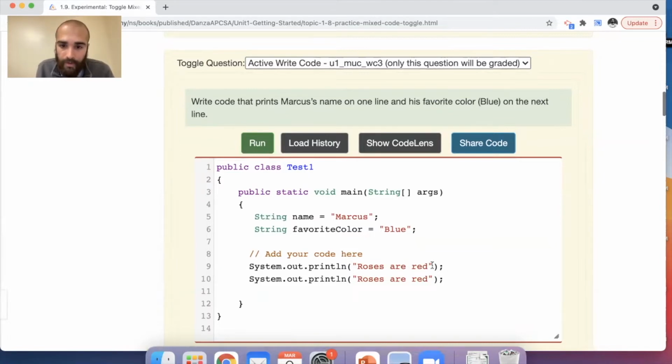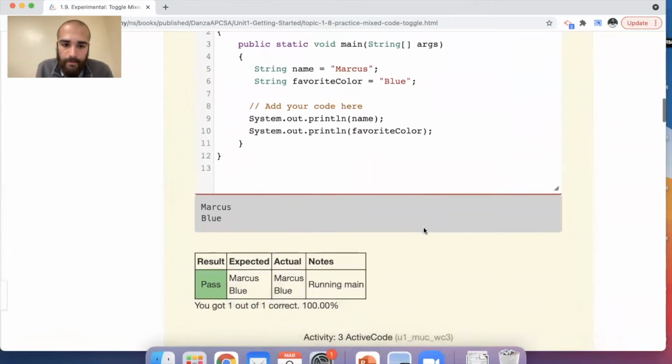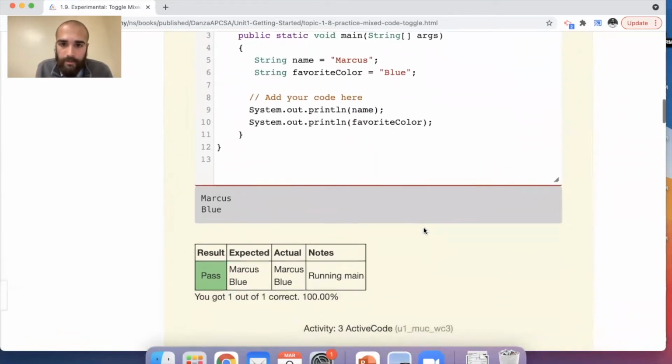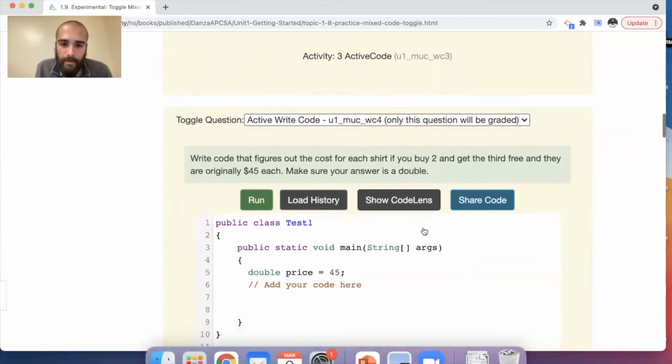System.out.print, and I'm going to print the variable name, and I'm going to print favorite color. All right, I'll go ahead and run it. And it runs. All right, moving on. Next example.